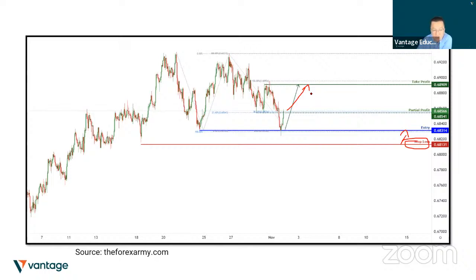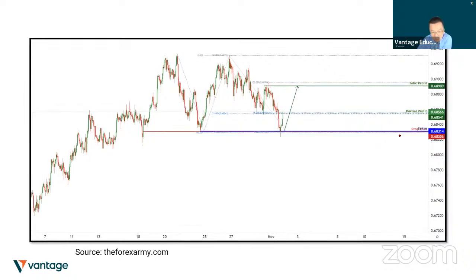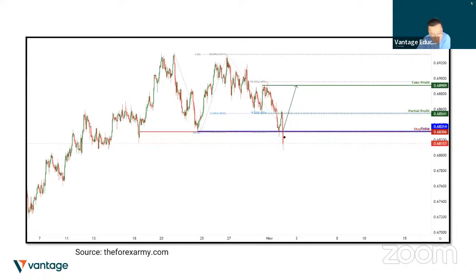And also you want to secure your downside, so you move your stop loss up towards the entry level, right? As it goes up towards entry, you see the next move, it comes down, hits your stop loss at entry or break even level. That's where you would have been happy to close out your trade.